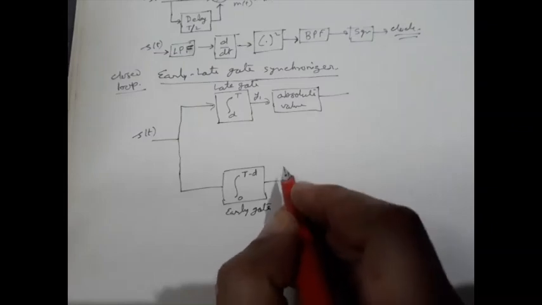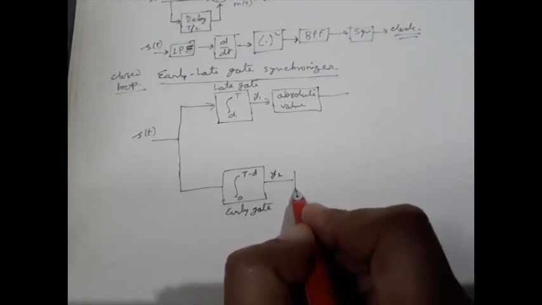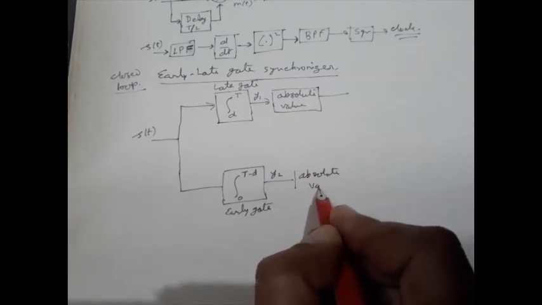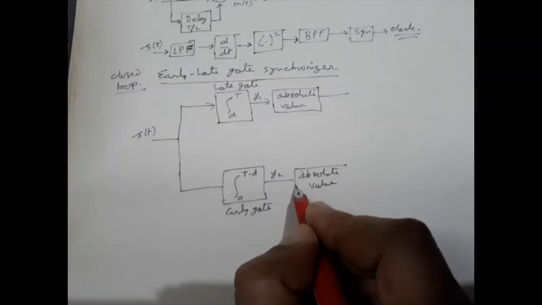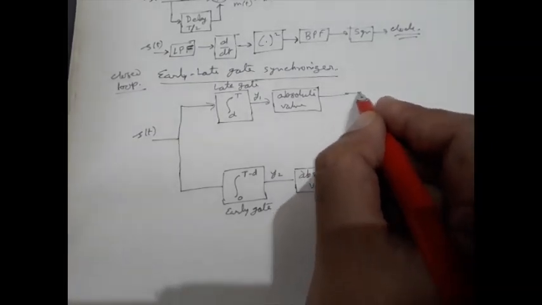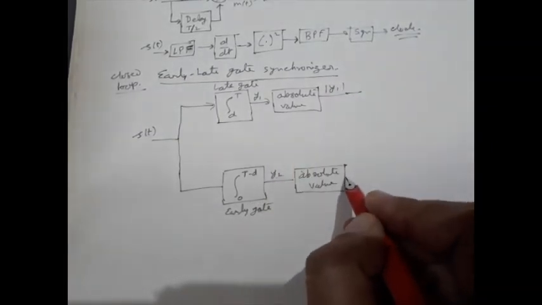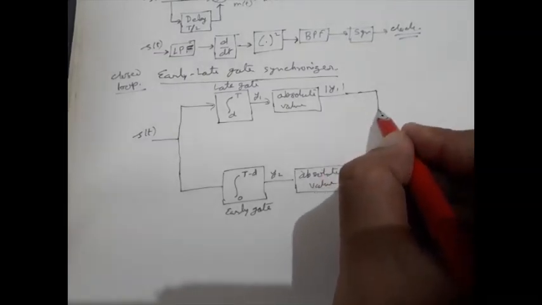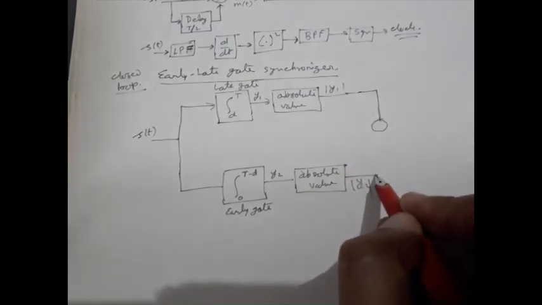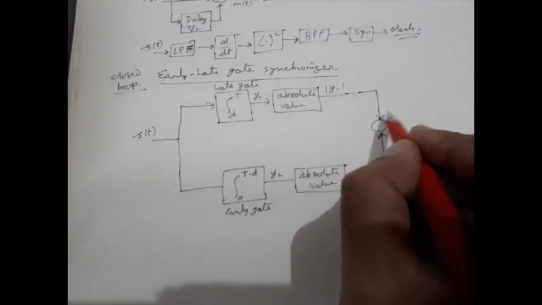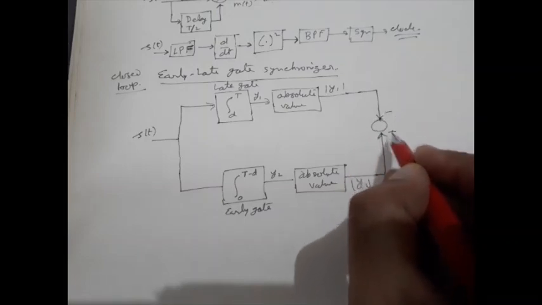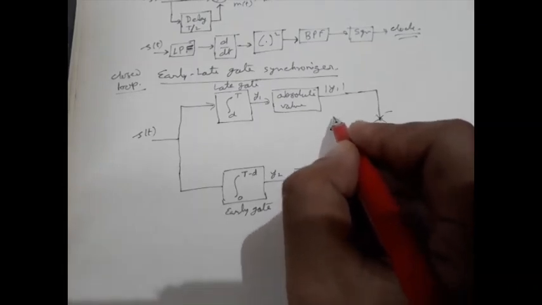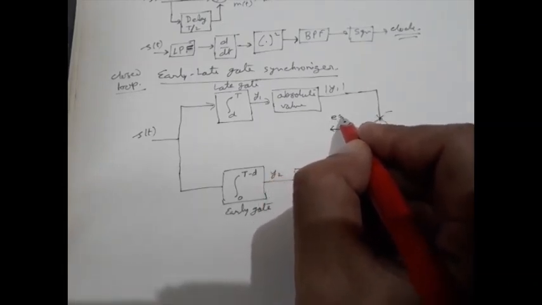This one is called the early gate. This output, say y2, and we will get the magnitude. So here we get y1, here we get y2. These two are subtracted actually to produce an error signal.